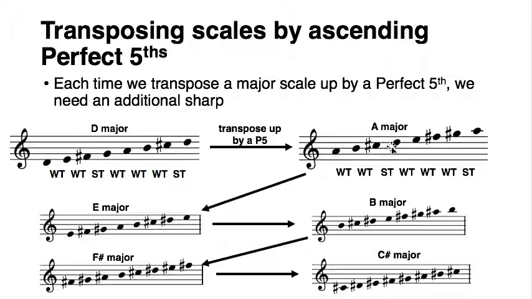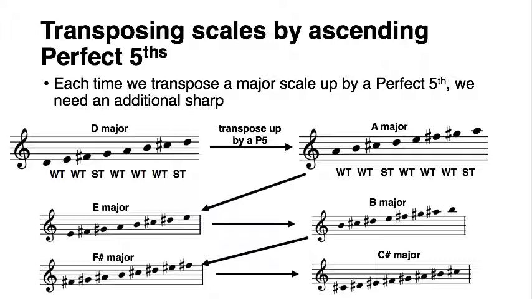So the basic idea here is that when we transpose a major scale up by a perfect fifth, we will need all of the accidentals that had been used in that previous scale plus a new one, right? And we know what the new one is by applying that pattern, that DNA of whole tones and semitones, to that new transposed scale.